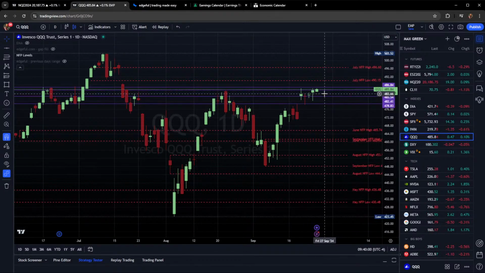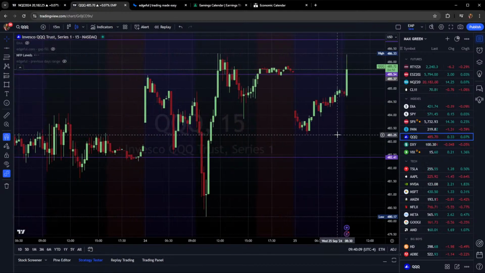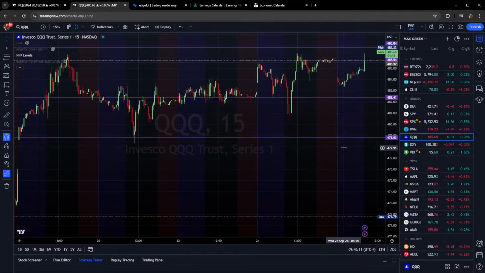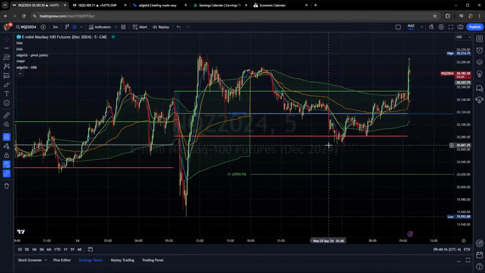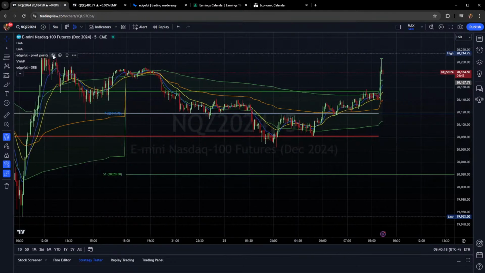Obviously, downside levels, we have this stuff down here to watch. Let's see. Yeah, we're getting slapped down a little bit up here. I know this is a lot on my chart, so this is what I normally look at throughout the day, but let's take off some stuff here.